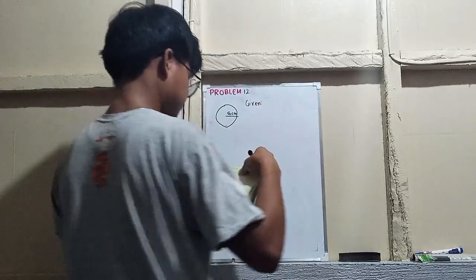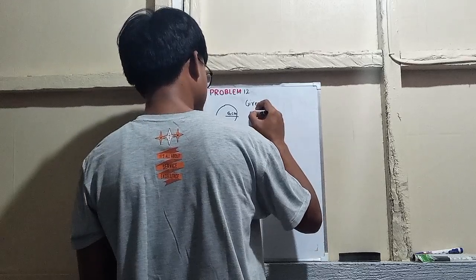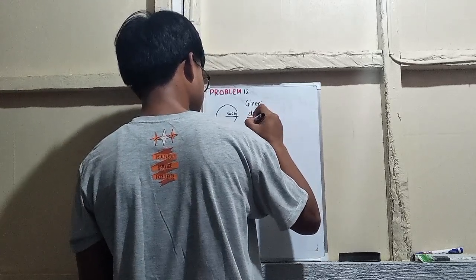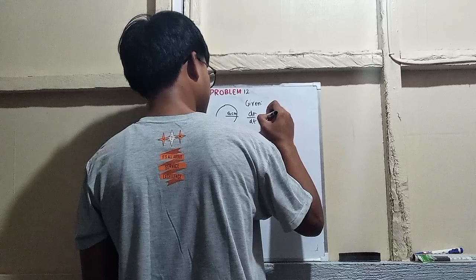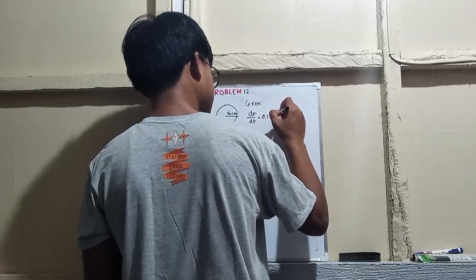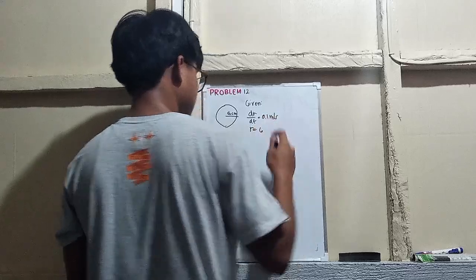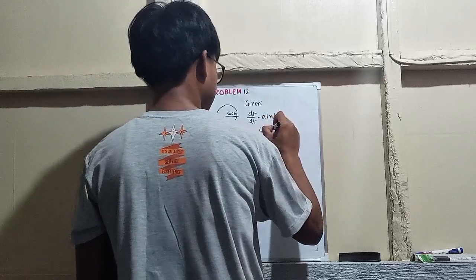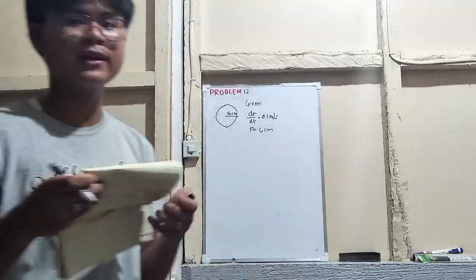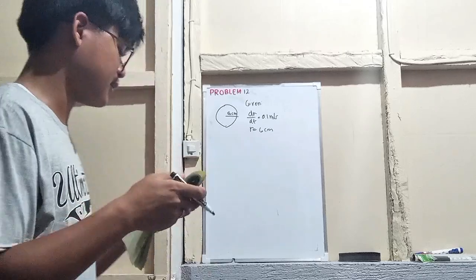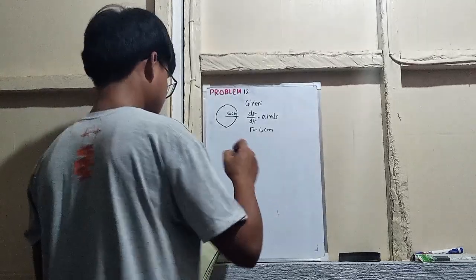So, we have the increasing rate of radius as 0.1 centimeter per second, and our radius is 6 centimeter.